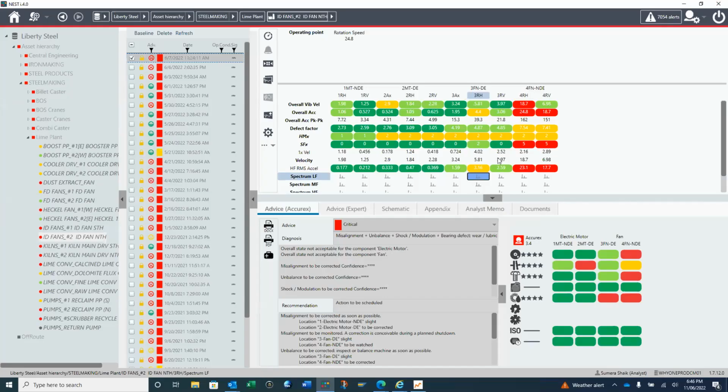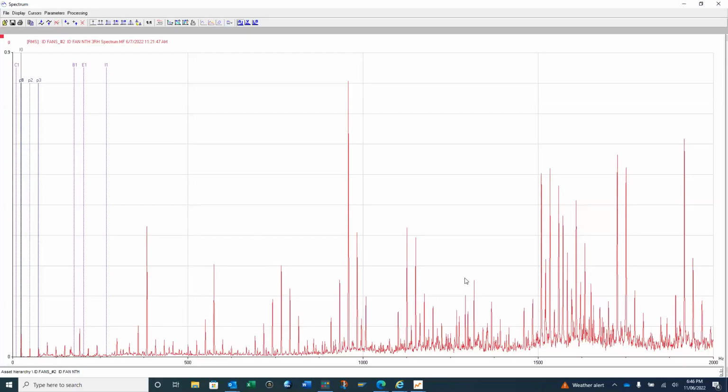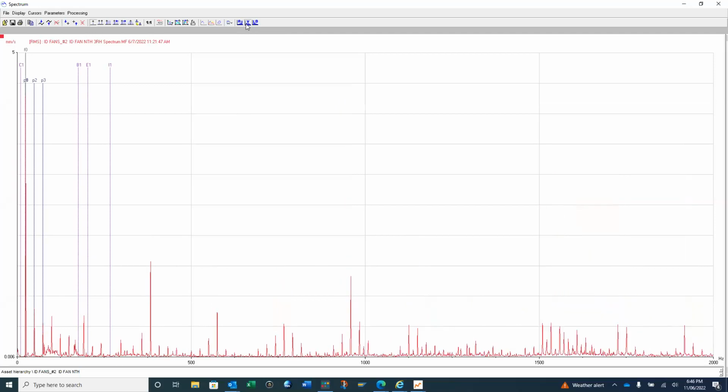But if you see the 3H, the drive end of the fan, you can see the vibration. It has a lot of noise floor. This is the bearing issue. What do you call this one? Your side scaling. You must scale to 10. This is 5, right? Yeah, this is 5.